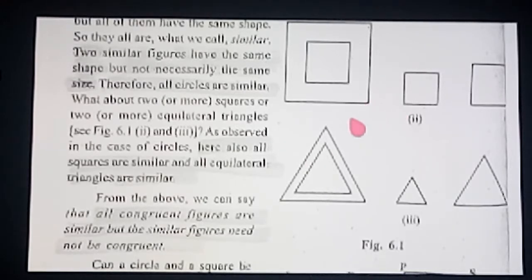But in reverse, if you think all similar figures are congruent, we can say no. All congruent figures are similar, because for congruent, which conditions come? Same shape and same size, both conditions. Therefore all congruent figures are similar, but the converse is not true: all similar figures are not congruent. Okay. That is the point written here.